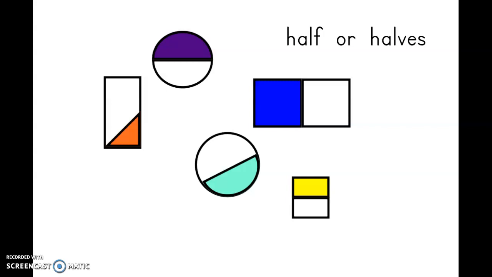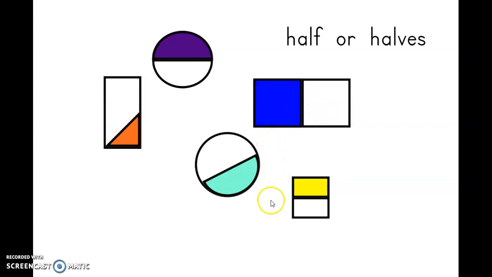Today we're going to learn some new math vocabulary when we're talking about equal parts and describing parts of a whole. On this page, you may remember seeing these shapes yesterday in our lesson. These shapes are split into two parts. Some of them are split into equal parts, but some are not.